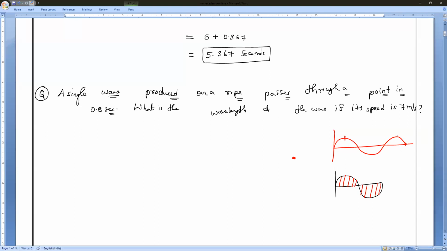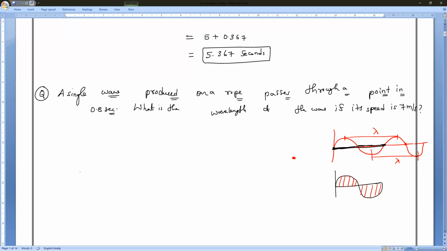One is the distance between two successive crests is wavelength, or the distance between two successive troughs is wavelength, or there is another third definition. What is that? The starting point of a crest and the ending point of a trough is called wavelength. Is it right or wrong? Yes, sir.